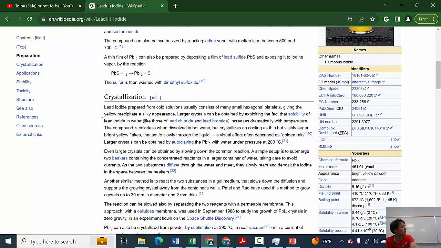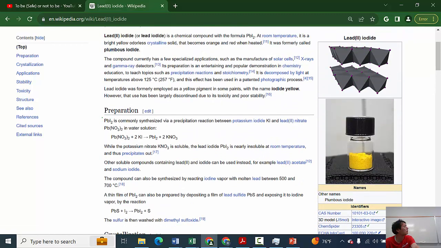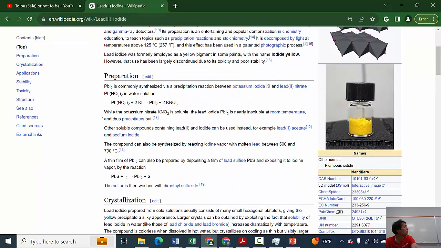You have to be careful because sometimes the Wikipedia entries aren't so reliable, but this is pretty reliable usually. And so when we look at it, the solubility of PbI2 is 0.76 grams per liter. Do you see that here? At 20 degrees C. 0.76 grams per liter. PbI2.